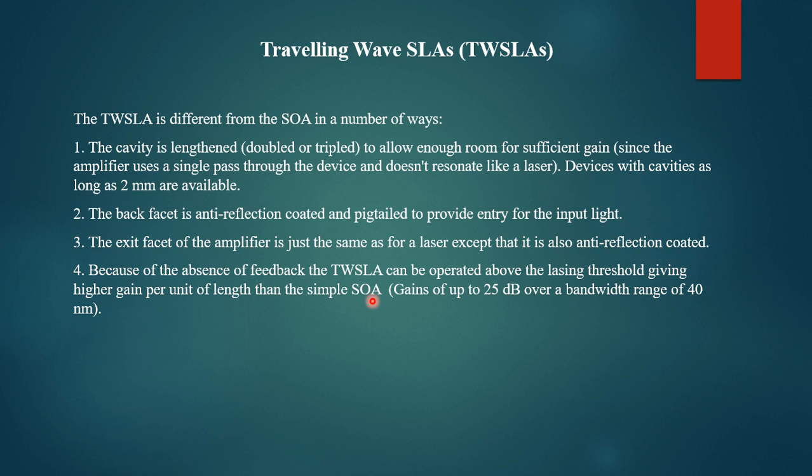There are basically many types of optical amplifiers available, like tapered amplifiers and optical parametric amplifiers, but the main reason for using an optical amplifier is to amplify the optical signal without converting it to an electrical signal.